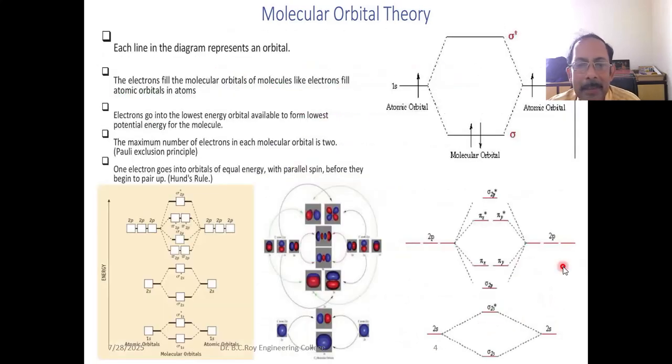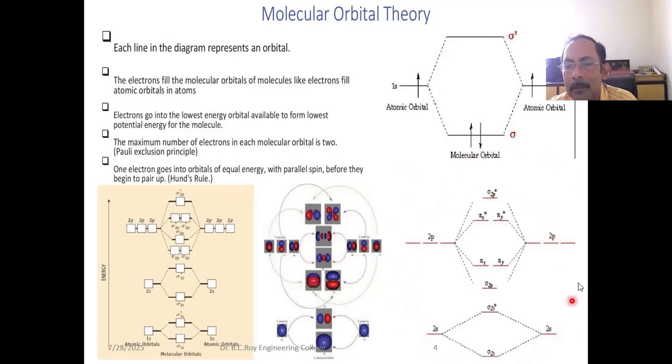Now the next example, you can take different types of homonuclear diatomic molecules we are forming, like nitrogen overlap, then oxygen overlap. They are all giving homonuclear diatomics, and this is looking like this.